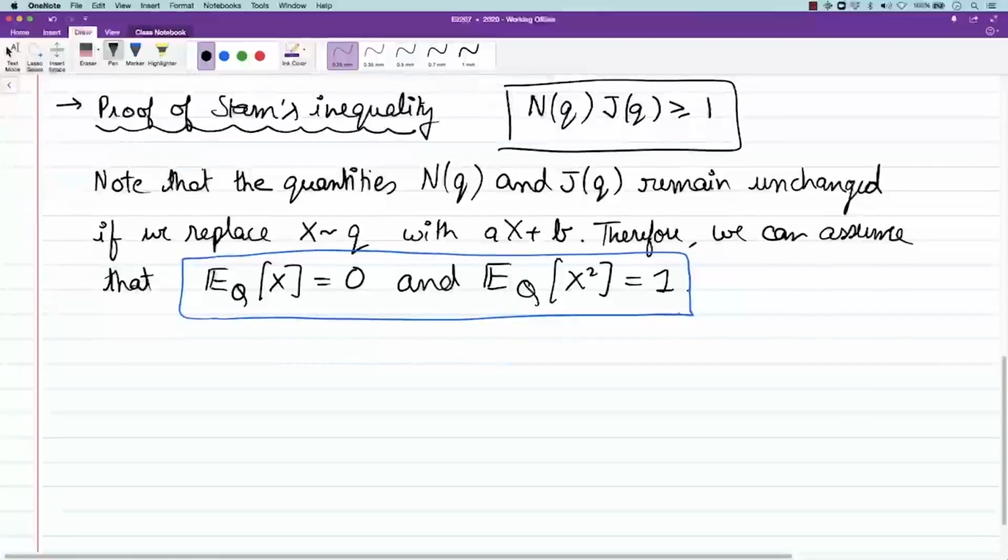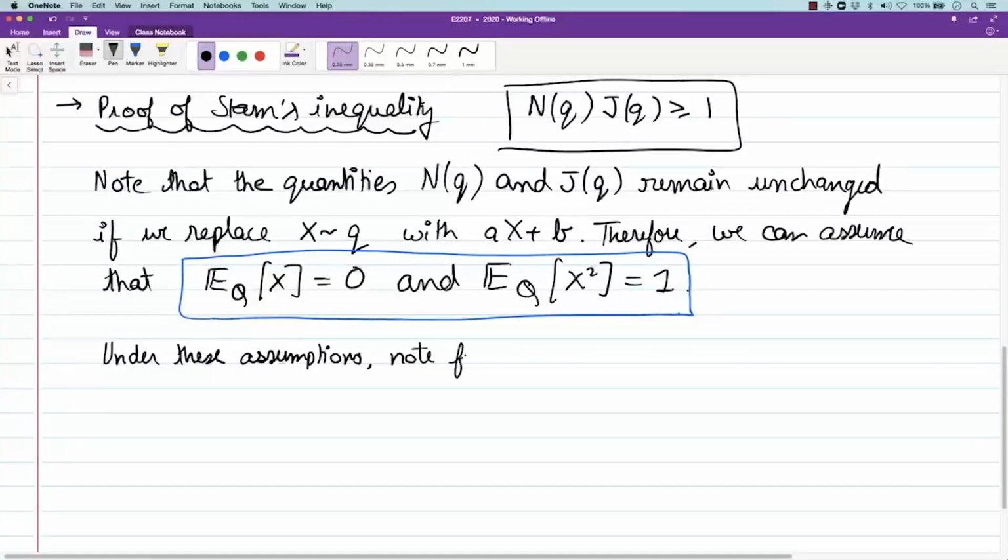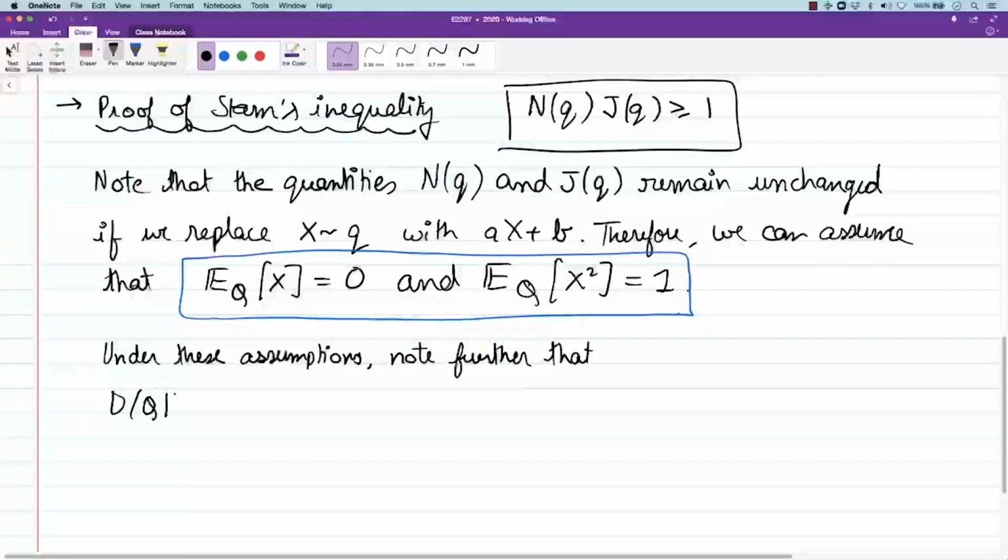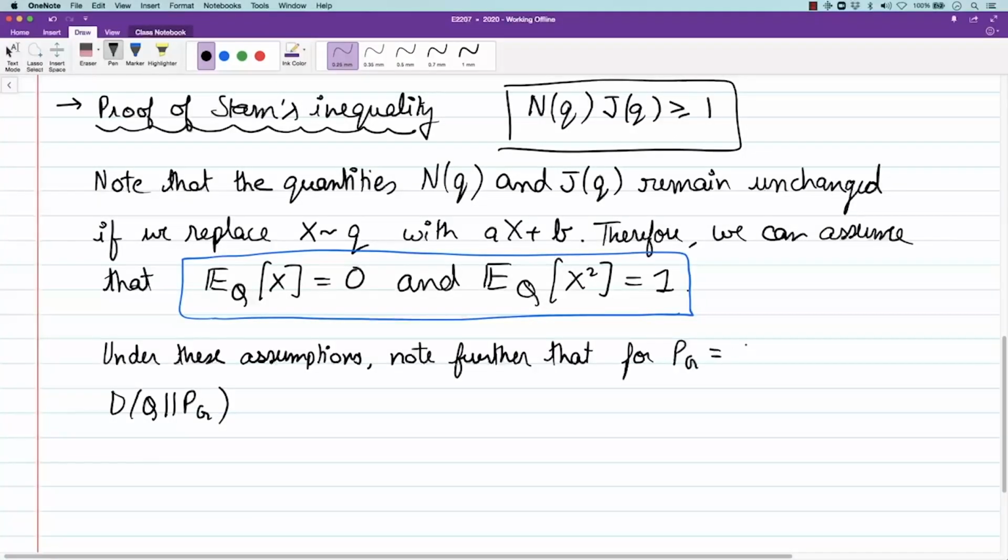Okay. So under this assumption, if you look at the divergence between Q and a Gaussian distribution, this PG is the Gaussian distribution with zero mean and variance 1.